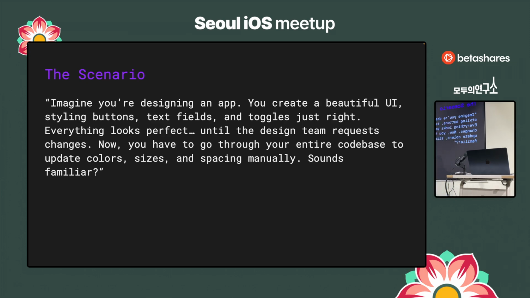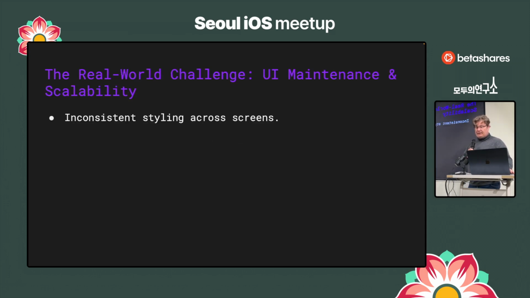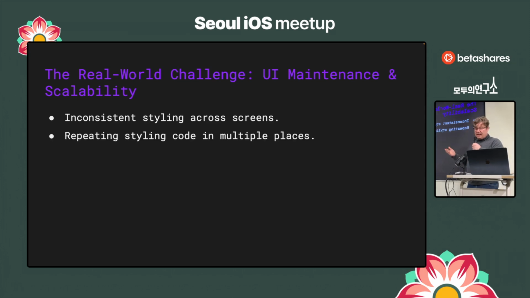So what's happening when you have to redesign and do things over and over again? Especially when I started with SwiftUI, when you see it online, things go not the right way. You need to watch out for inconsistency of styling across the screens. You're also often repeating the style in code in multiple places.